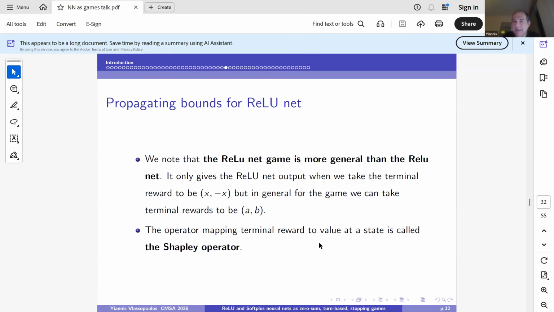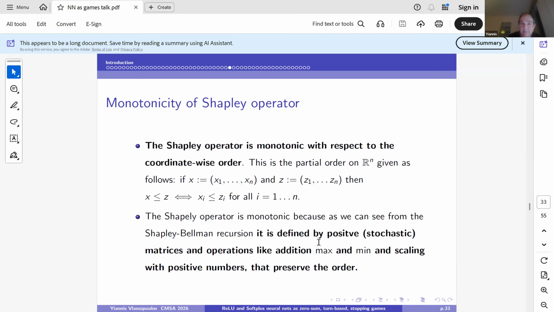So in other words, let's say that the input x that we put into the ReLU net is between some vectors a and b. This is what I was saying before.